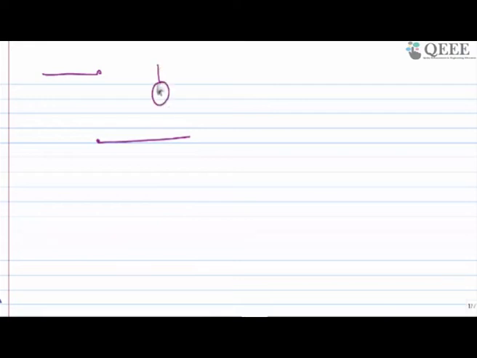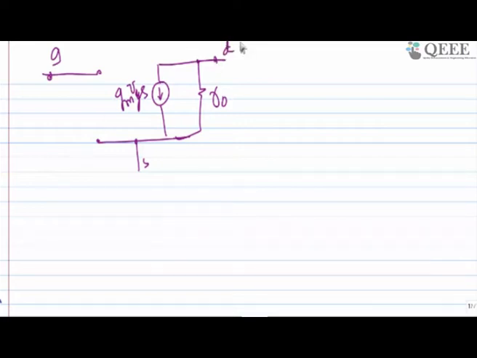I'm drawing a small signal model for MOSFET just to understand the complete thing. The R0 is something called channel length modulation resistance, and this is basically the small signal model for gate, source, and drain. So this is the small signal model for MOSFET.